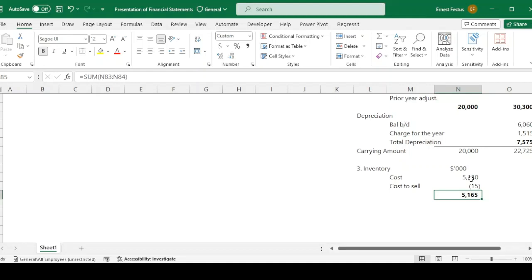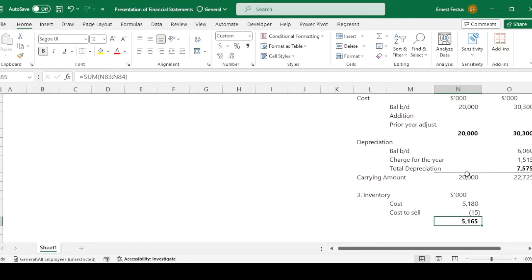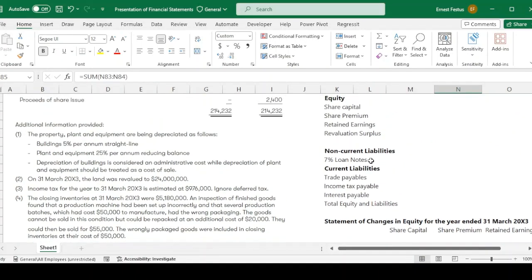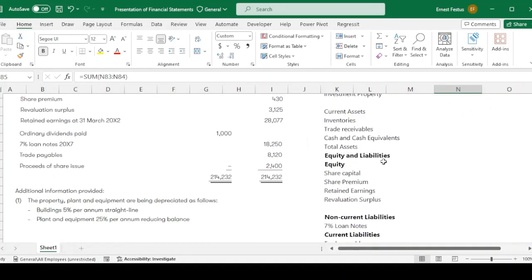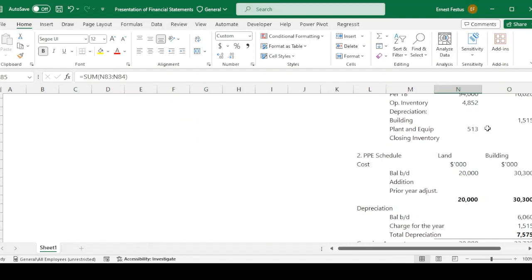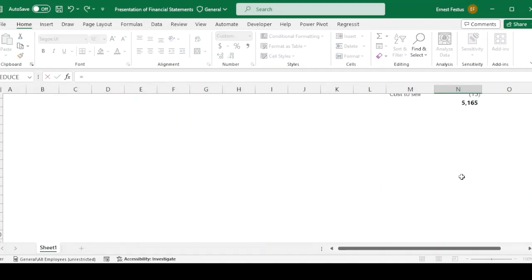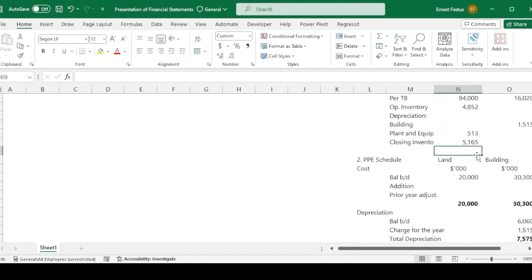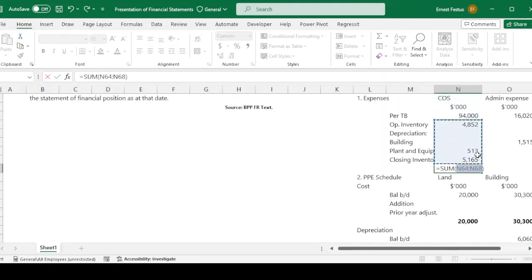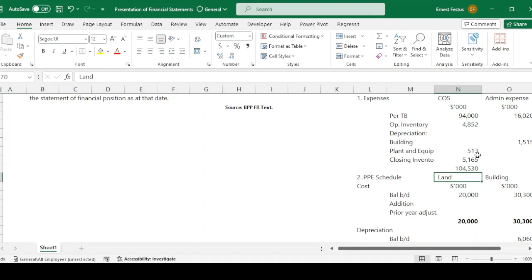And when you compare these two figures, this is the lower. And so I'm going to pick this for my inventory valuation. I'll come here, and for my closing inventory, it's going to be equal to this particular value here, 5165. And then I can add my items together. So alt equals, holding my shift, I can select the entire values here, and then I'll hit enter.